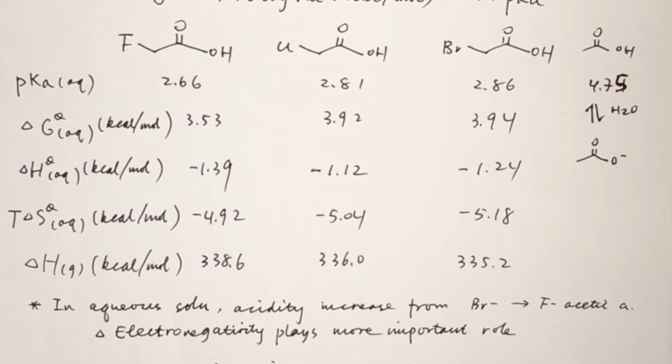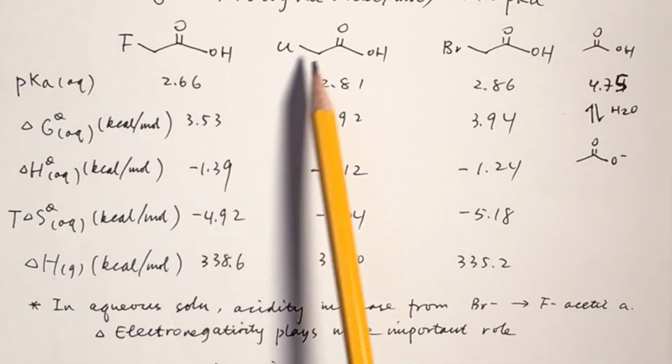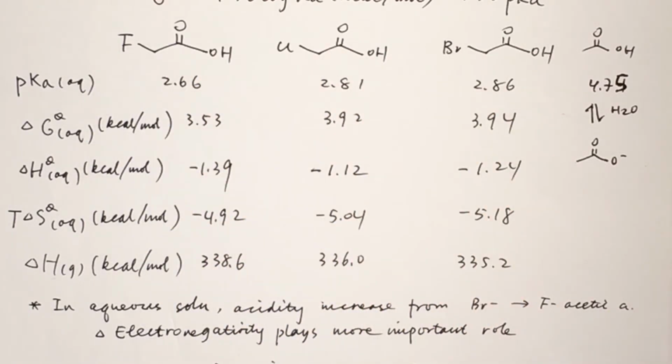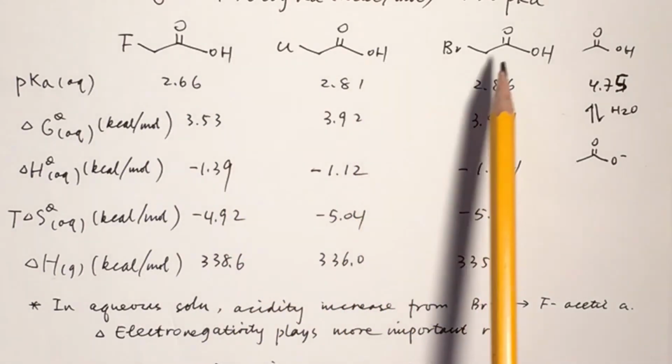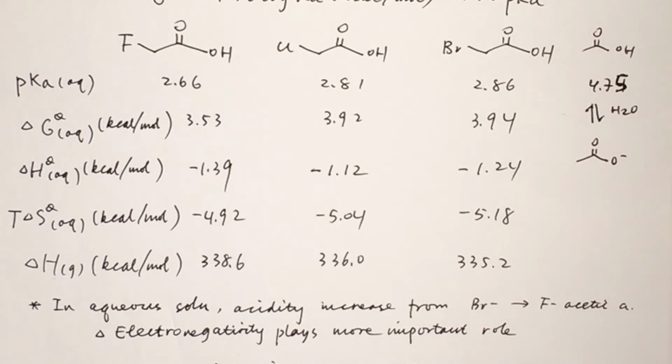Also interestingly, we're talking about ideal gas. For each individual halogenated acetic acid, when they deprotonate to form the corresponding acetate and the hydrogen ion, the entropy change, the delta S, for each individual acid is very similar.